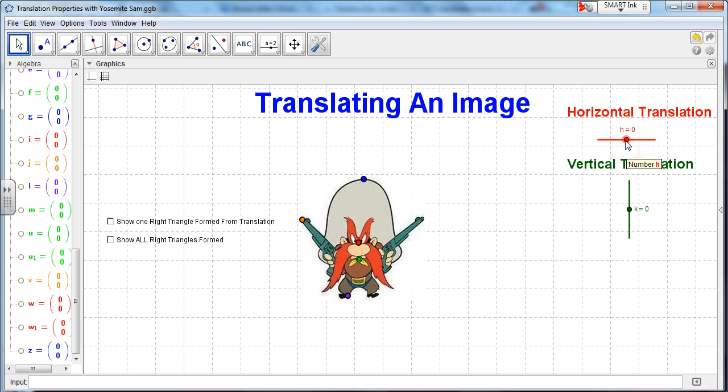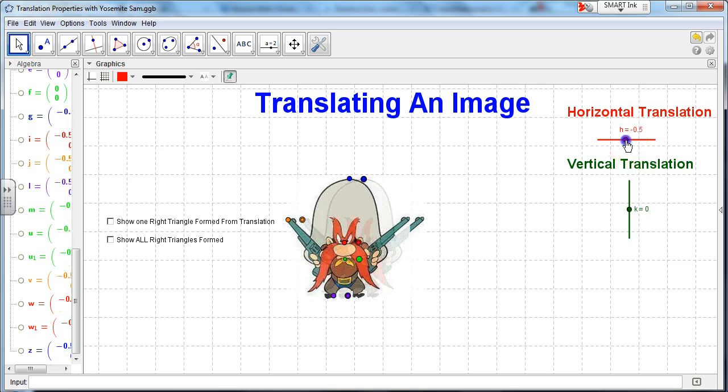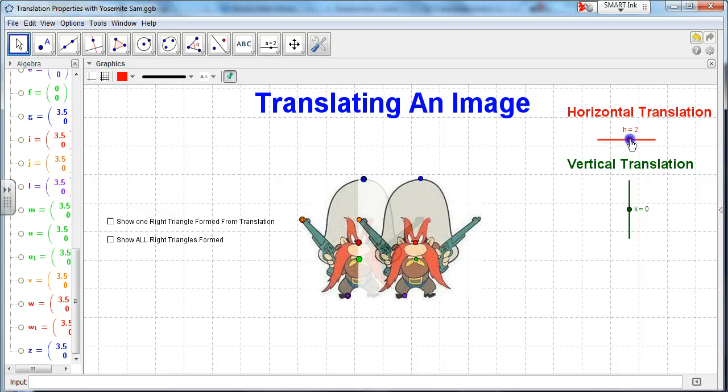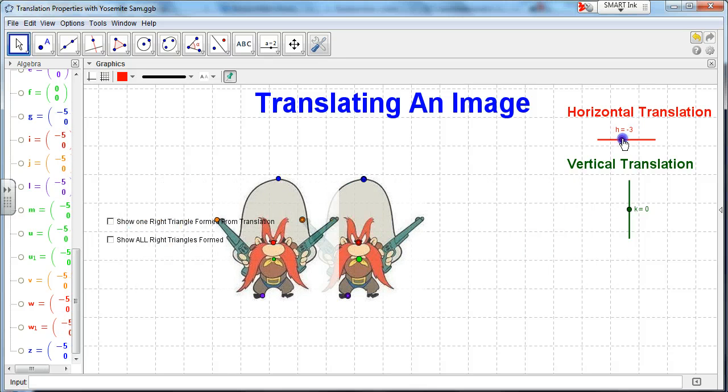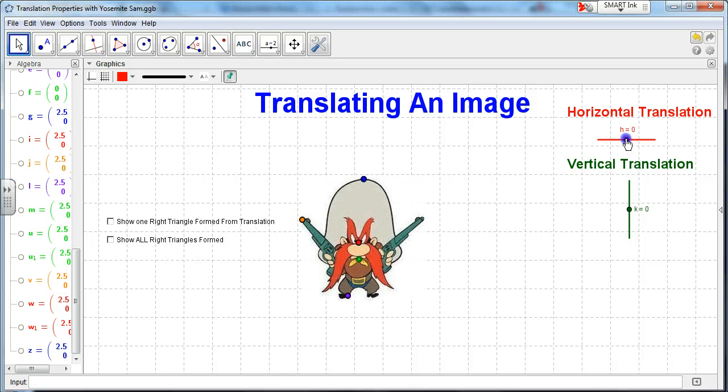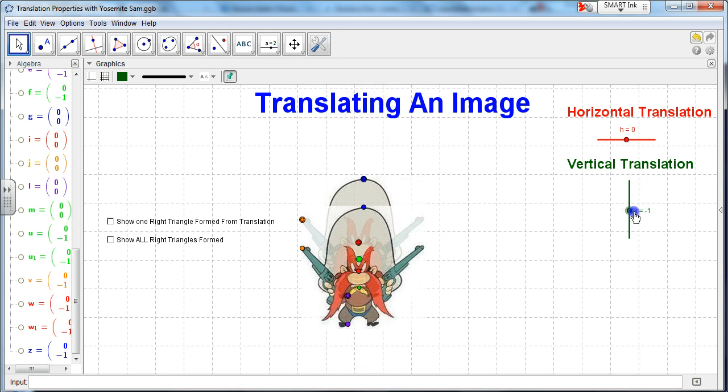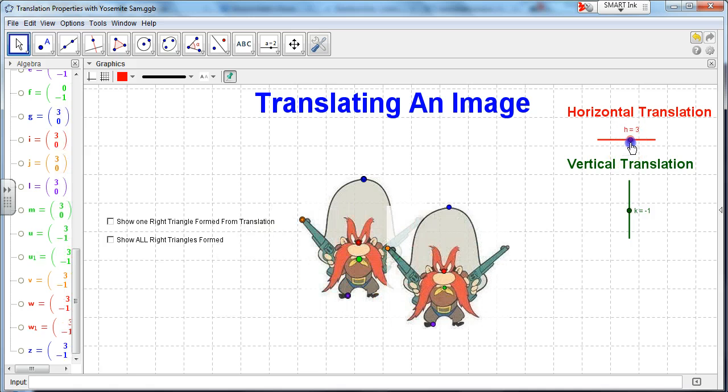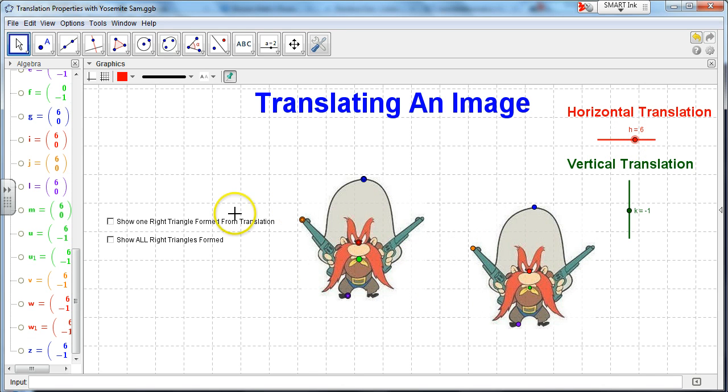When we translate, every single point gets transformed the same way. Notice those key points move along with every other point that makes the image. So we can move horizontally. We can move vertically, up and down. But when we combine it is where we're going to start getting diagonal thought. Remember, when we translate one point, every single point gets translated the same. So notice this point moved down because of vertical translation. I made it a -1, meaning down 1 on the vertical.